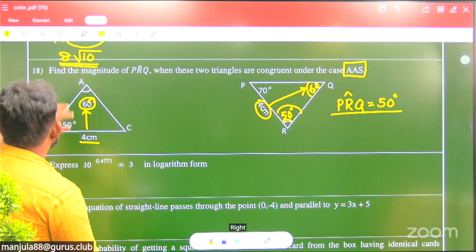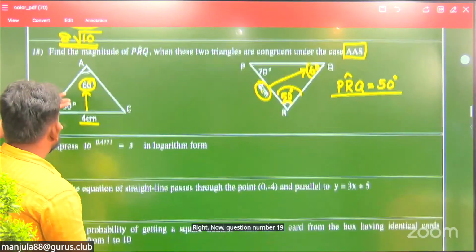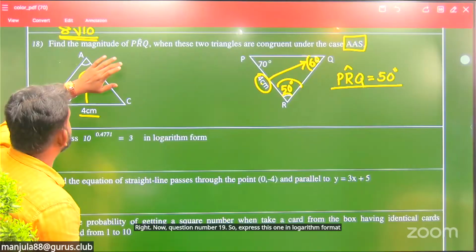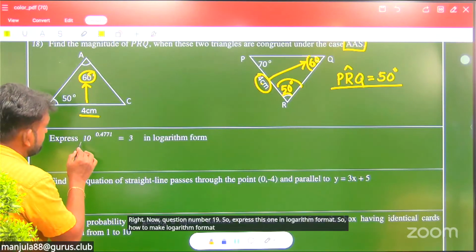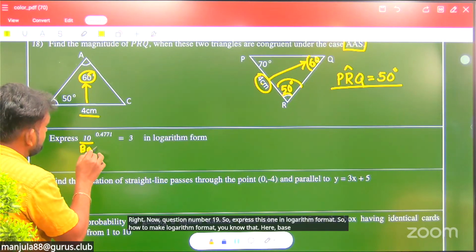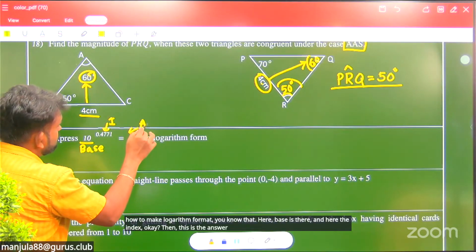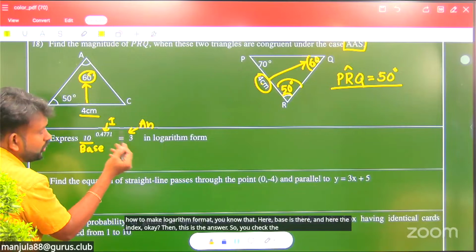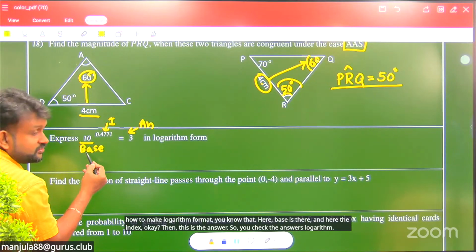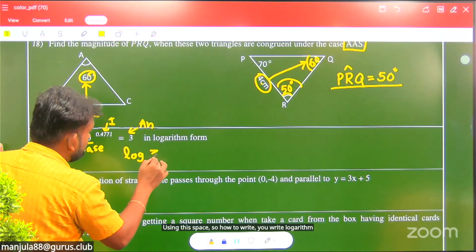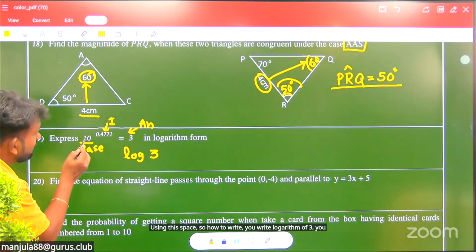Right. Now question number 19. Express this one in logarithm format. So how to make logarithm format? You know that here is the base and here the index. Then this is the answer. So you write logarithm of 3. You require a base, that base is 10.